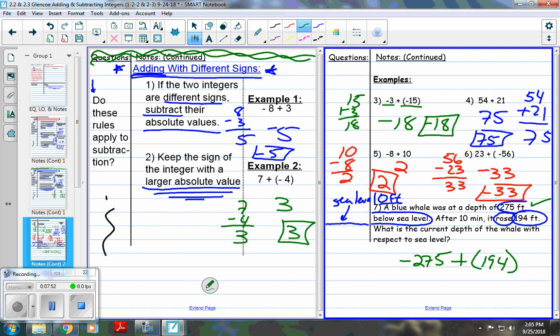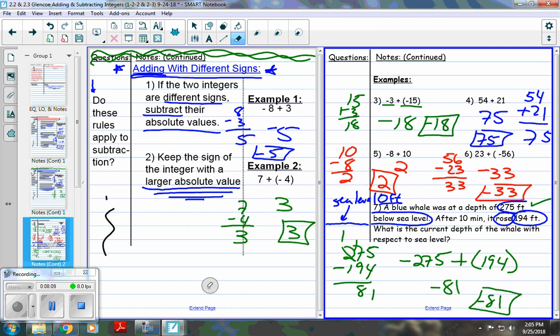So they're different signs. We need to do some subtraction on the side. We get 81. The larger absolute value is negative 275, so our answer should have a negative on it, and we get negative 81. Oh, that was a horrible way to state that answer, actually. I should have written negative 81 feet, or we could actually write the sentence 81 feet below sea level.